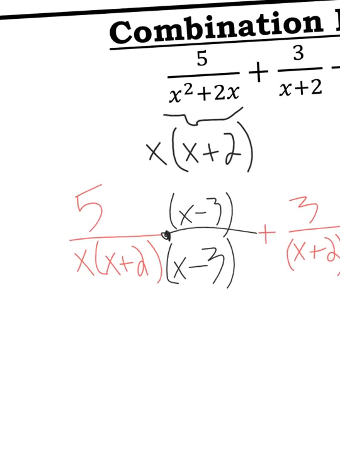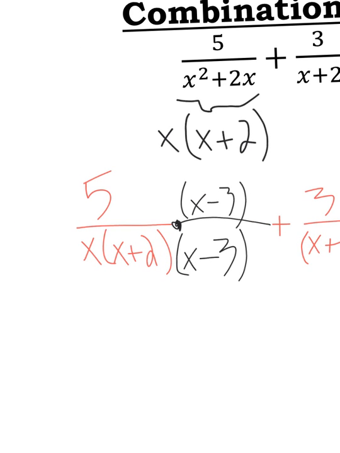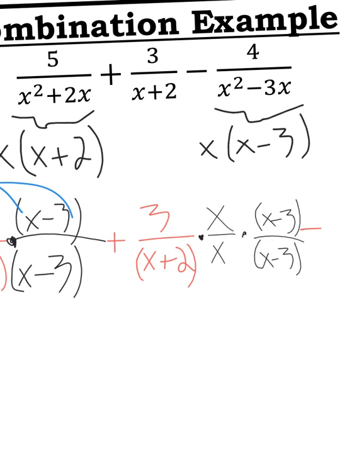So let's start with the 5. We have 5 times x minus 3, so that'll make 5x minus 15. Then we're going to move to the 3 times x. So let's just group these together and treat it as a 3x, right? Because that's really what it is. So we have 3x times x, so that's 3x squared.